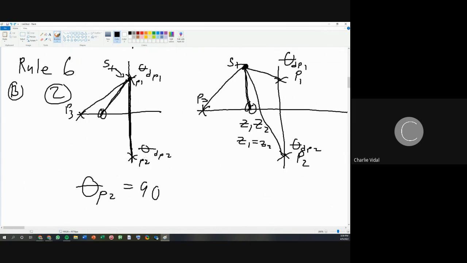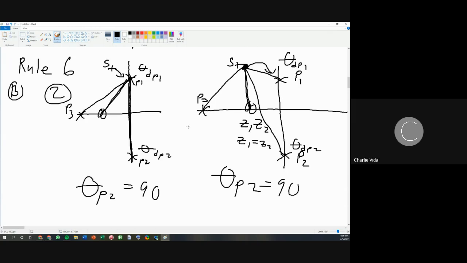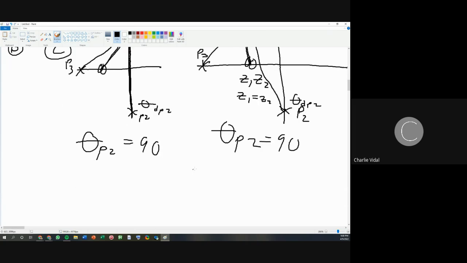Same for this one. As I said, the test point is actually supposed to be over here. So this line over here is once again 90 degrees. These two graphs are literally the same thing, just drawn differently. The next ones to find are these zeros.